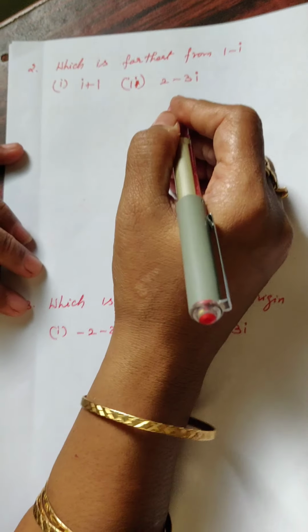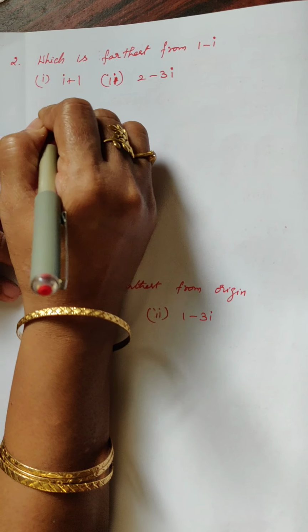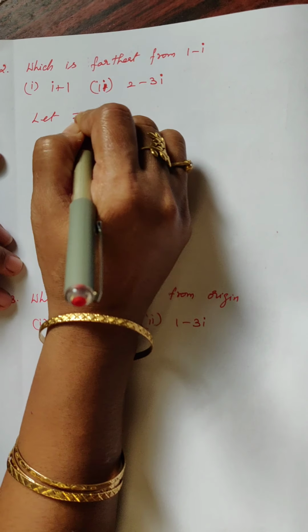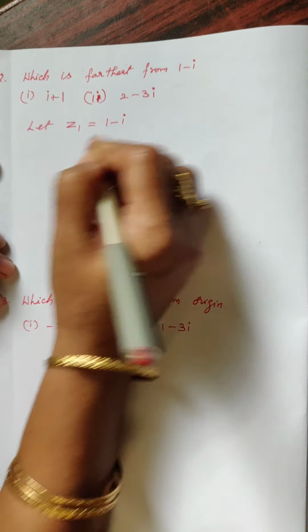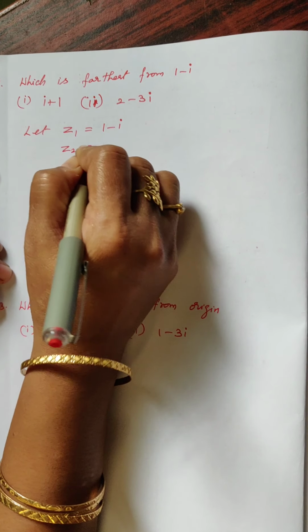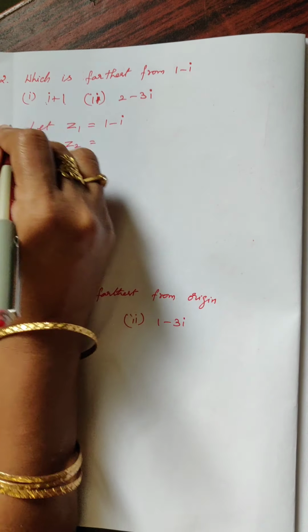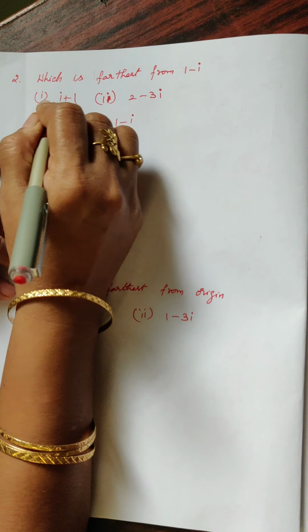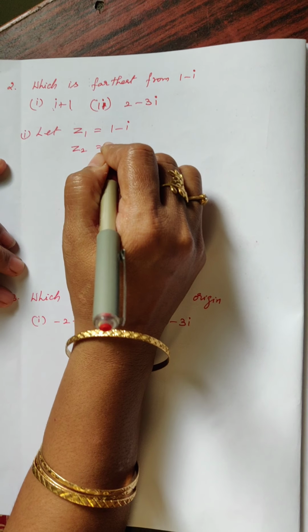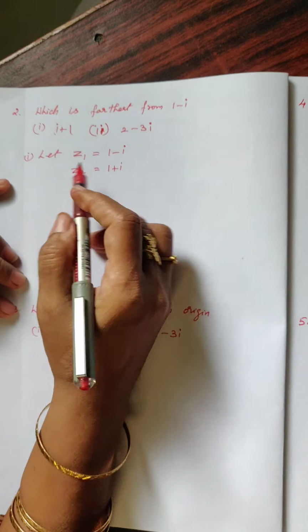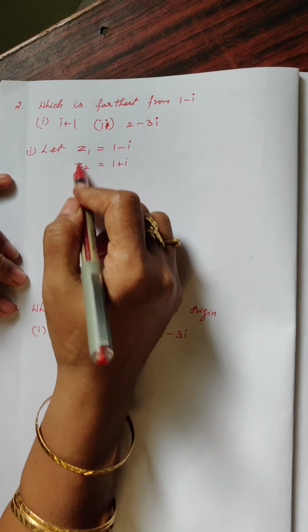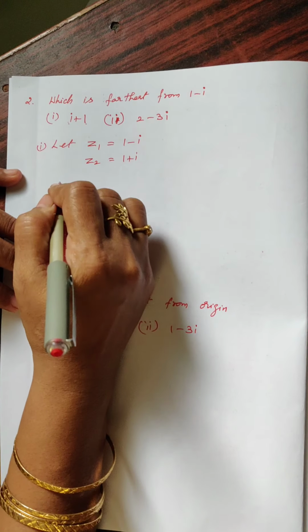We have to check. In order to find out the distance between any 2 points, already you know that I am going to take, let z1 equal to 1 minus i and z2 equal to i plus 1. I am going to take the first sum, i plus 1. i plus 1 can be written as 1 plus i also. So I want to find out the distance between these two complex numbers. How to find out the distance?